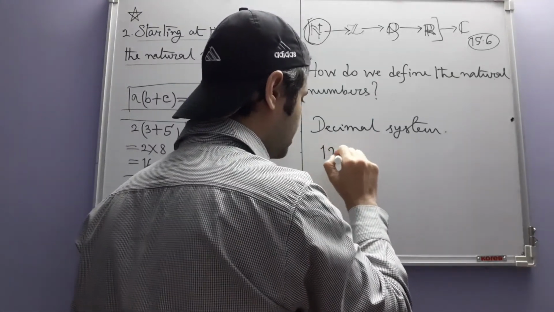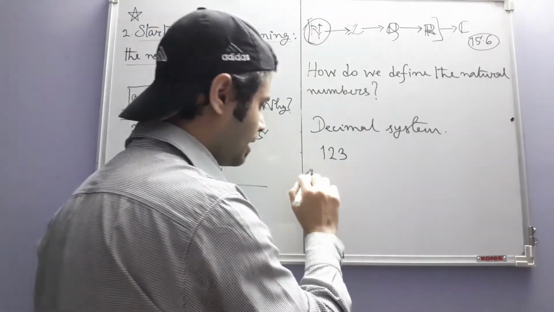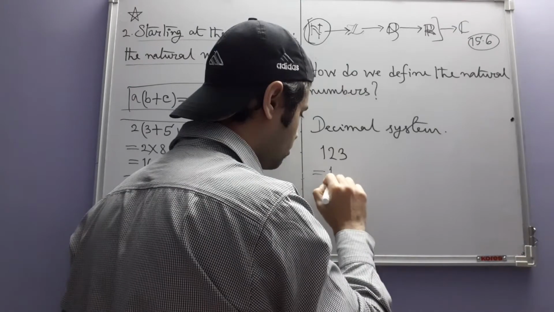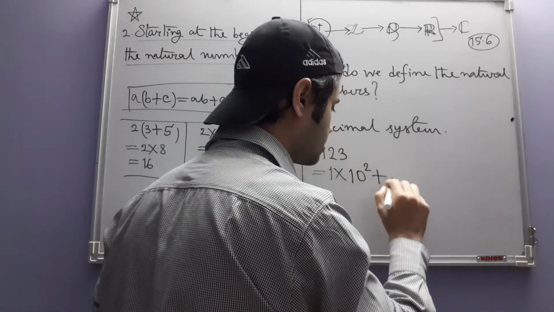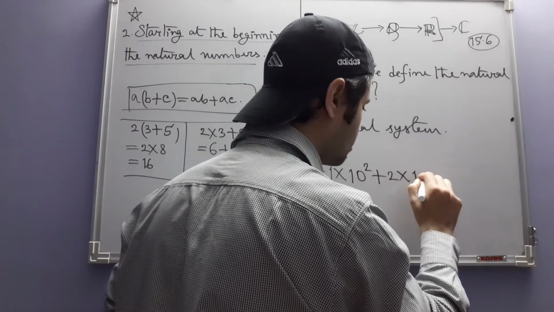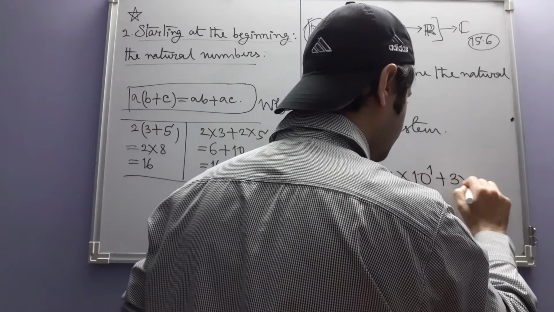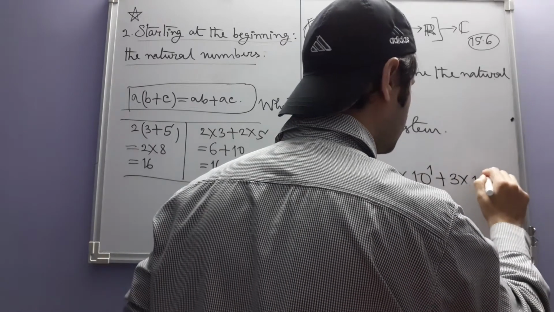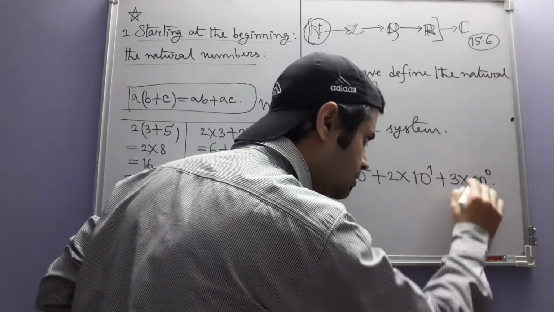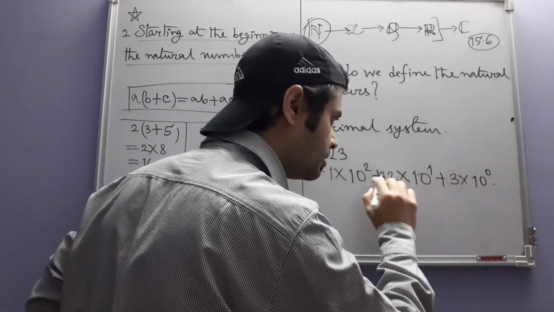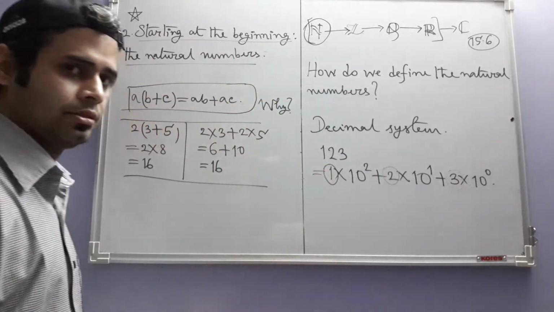For example, if I write 123, then that really means this: 1 times 10 squared plus 2 times 10 to the power 1 plus 3 times 10 to the power 0. This is the units place digit, this is the tens place digit, and this is the hundreds place digit.